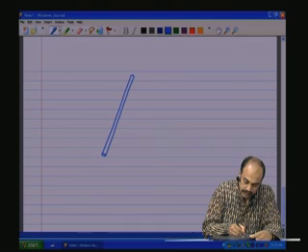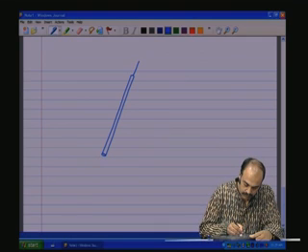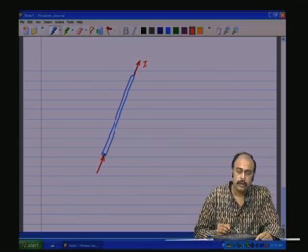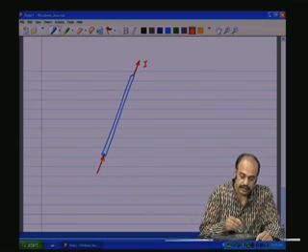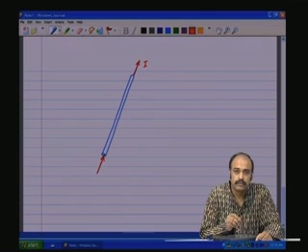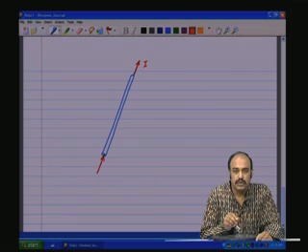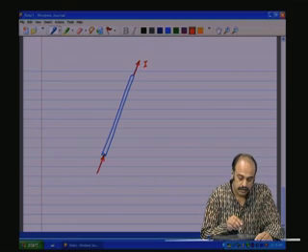Now this conductor is carrying a current I. So if this conductor is carrying a current I through it, then it is going to generate a magnetic field around that.